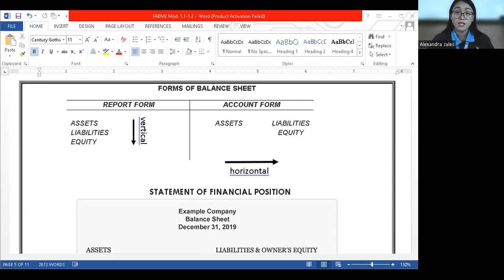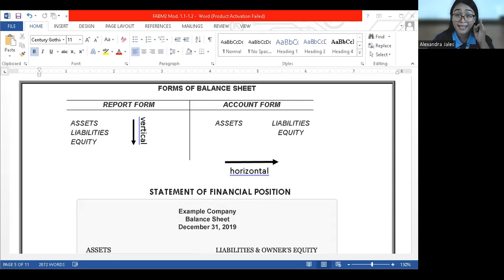We did also define these following accounts and their elements. So take note of your current and non-current assets and liabilities. It's very important for today's activity. You should know how to identify these accounts, or which accounts they belong to.